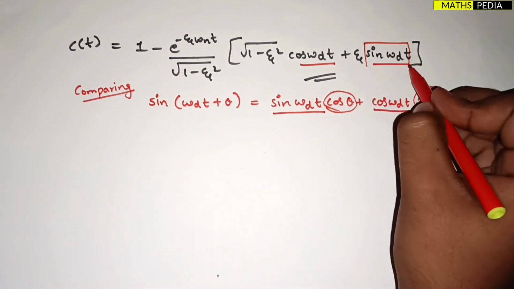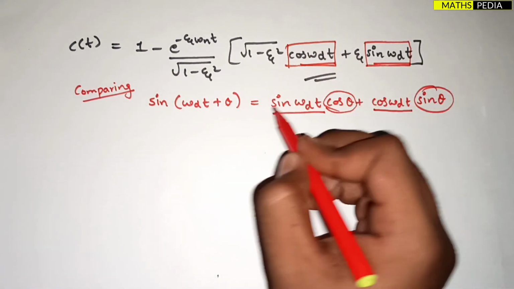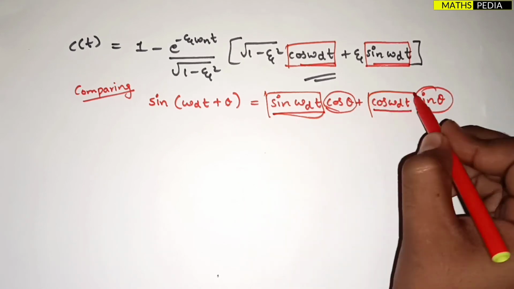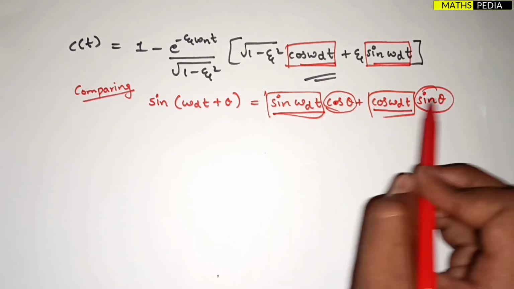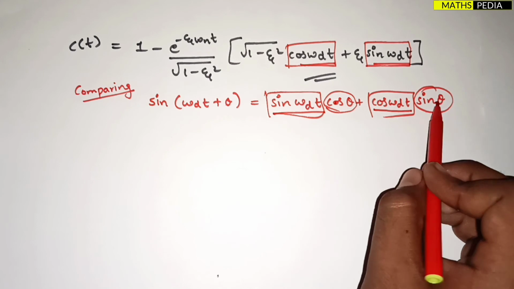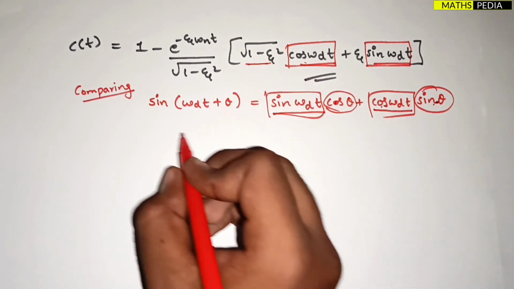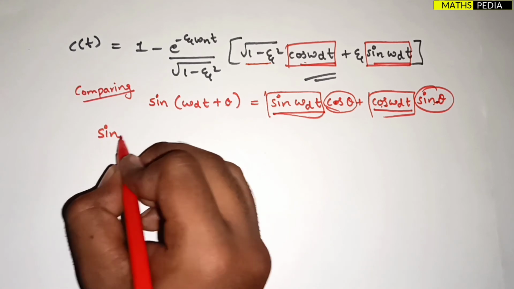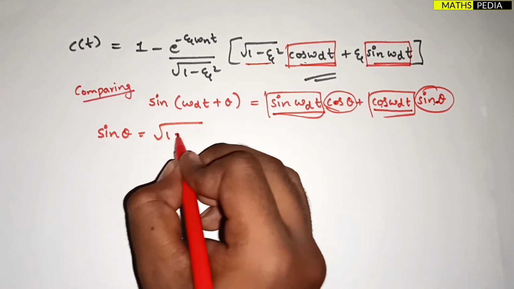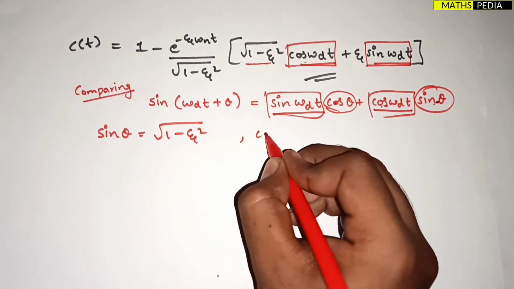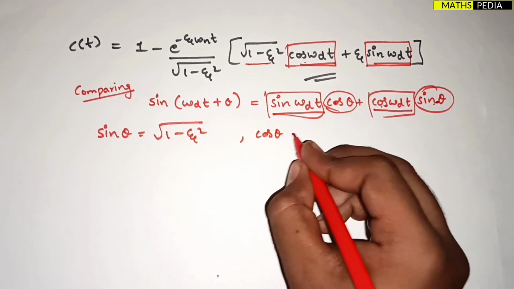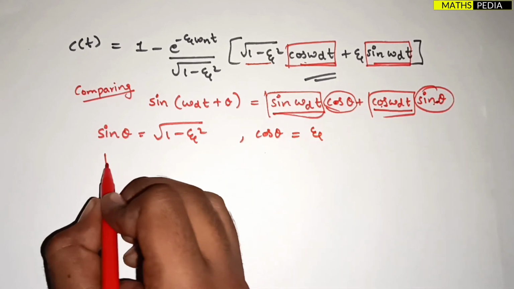See these two and these two are gone. So what is remaining? Cos theta and sin theta. Then sin theta will be this one, right? So sin theta will be square root of 1 minus zeta square, and cos theta will be what is remaining here, zeta.